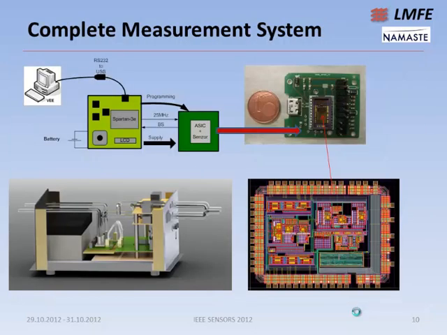The whole system looks like that. We have a PC for storing and presenting the results. We have a Spartan development board where the complete digital signal processing is implemented, and we have the ASIC plus sensor. The ASIC is actually this one. It's mainly the analog part, so all these transimpedance amplifiers, A to D converters, bandpass filters, and so on.